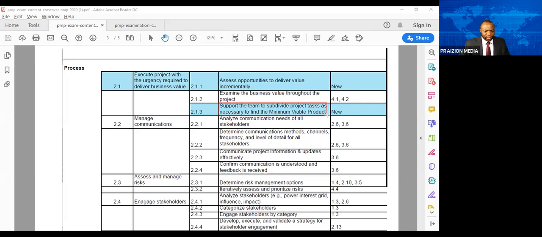It's a team thing. Examine the business value. Assess opportunities to deliver value incrementally. This is what the team does, even though the product owner could be on the horizon. It is really more of a collaborative effort.